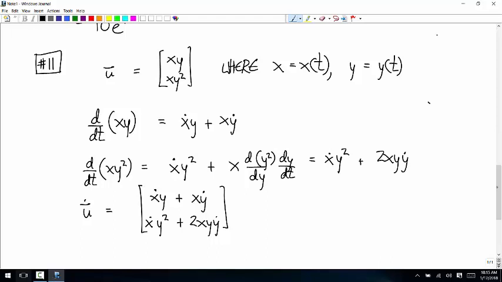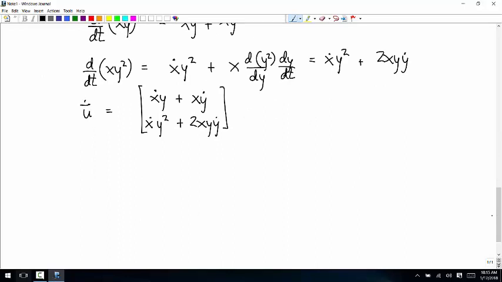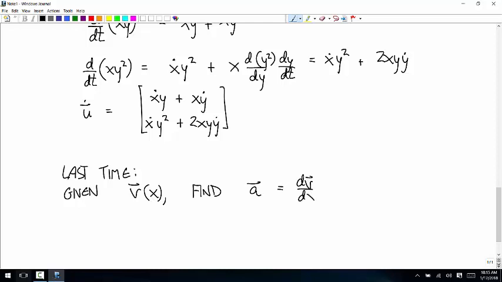All right, so we finished last time with the chain rule for calculating acceleration. Given the velocity as a function of some position variable, we would calculate the acceleration as dv/dx times dx/dt, and this is just a velocity component.